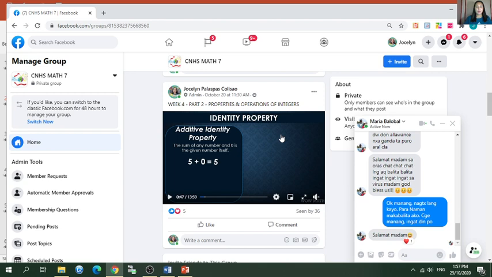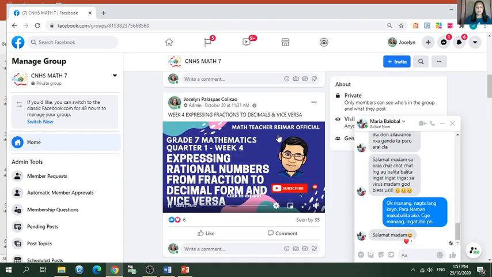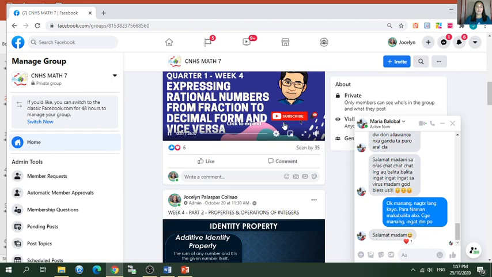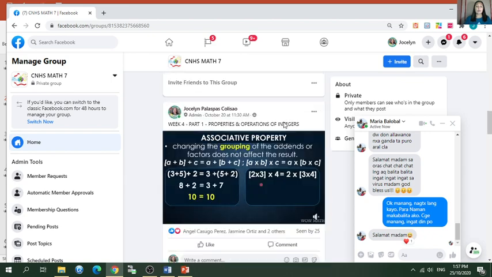We have also part 2, and the last topic for week number 4 is expressing fractions to decimals and vice versa. Okay, so ito yung dapat na unahin ninyo bago ninyo sagutan yung ating activity sheets.